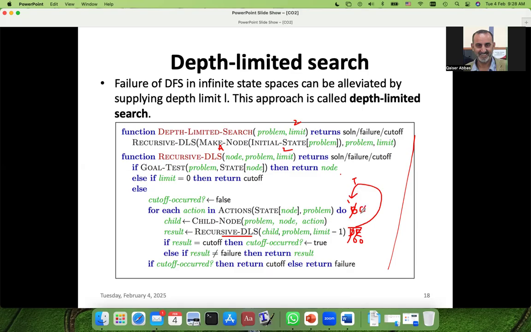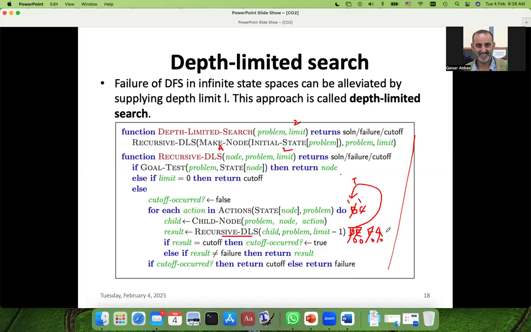And now C will be executed, and then it will be executed for F and G. Here the limit would be 0. First it will execute for F, then it will execute for G. Here the limit would be 1.